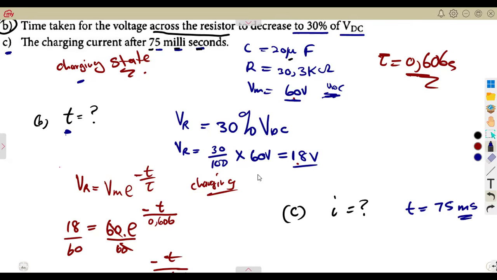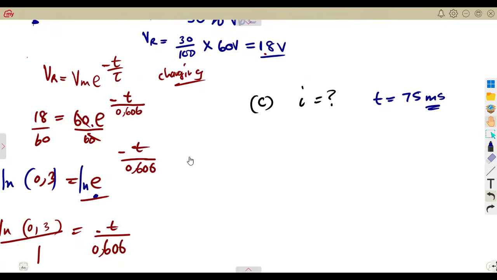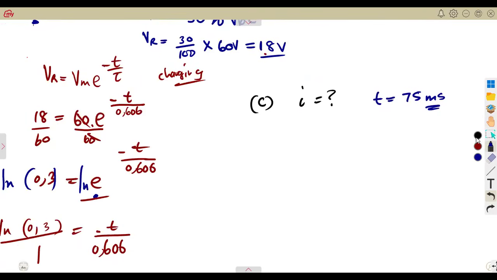When the time is 75 milliseconds, what is our charging current? The charging current. So it's just a matter of substituting. Remember, we are still working with our charging state. And under that, the charging current, it's Im e to the, there is just direct, guys. It was just a matter of substituting into the formula.